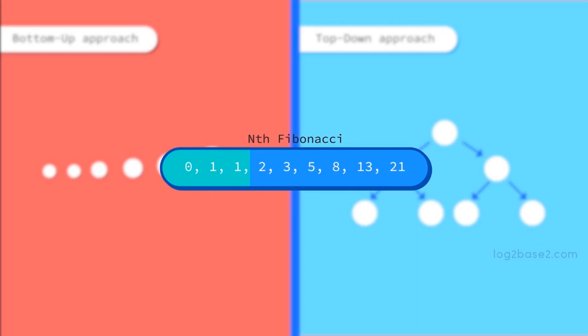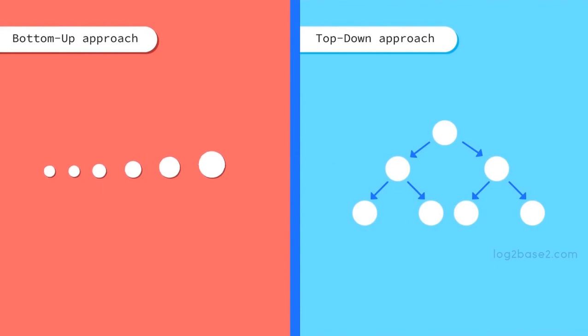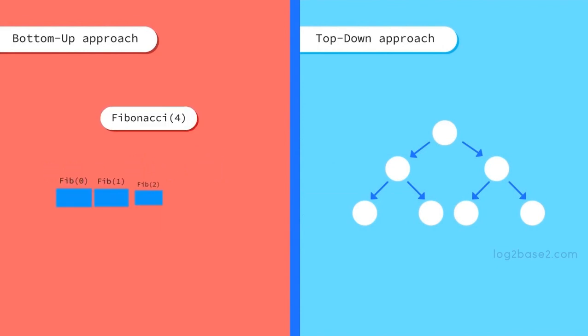Fibonacci of 3 is the sum of Fibonacci of 1 and Fibonacci of 2, which is 1 plus 1 equal to 2, and like this. In general, Fibonacci of n is Fibonacci of n minus 1 plus Fibonacci of n minus 2. Let us find the fourth Fibonacci number using the bottom-up approach and top-down approach.